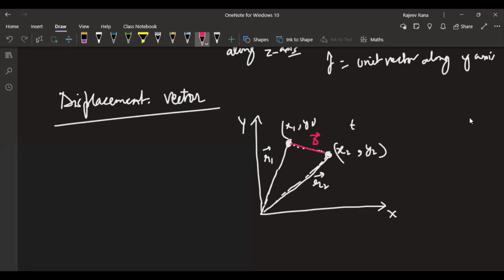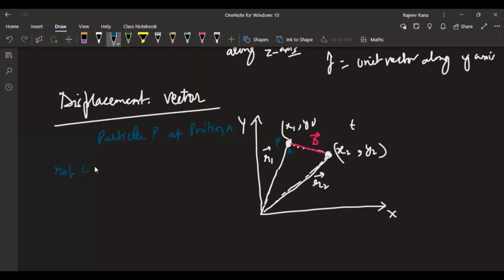I'm just repeating it once again. Consider a particle P at position A, having coordinates x1 and y1.